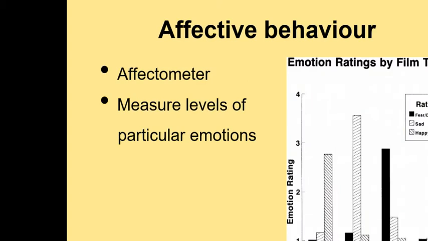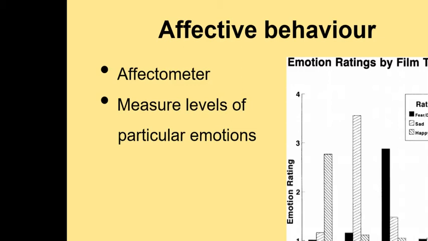Affective behavior, the affectometer that I've got over here, measures particular levels of emotions in relation to a particular stimulus. I've got an example here, different types of movies, and three emotions that the questionnaire measures: fear, sadness, and happiness. So in a happy movie, you'd expect the guys to measure more happiness.